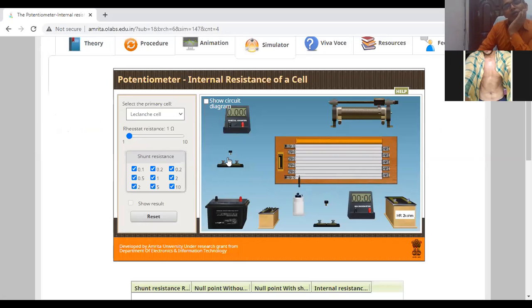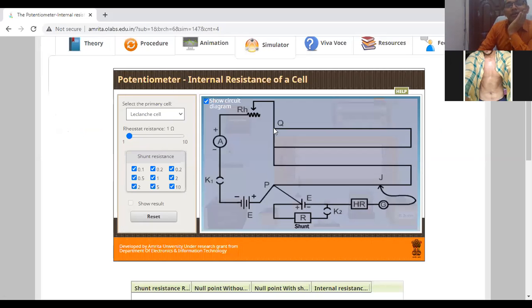Now, first of all, look at the circuit diagram. You see here, point P of the ammeter is connected with the positive terminal of the battery or eliminator, and the negative terminal of the battery or eliminator is connected with key K1, and the other terminal of key K1 is connected with the negative terminal of the ammeter, and the positive terminal of the ammeter is connected with the rheostat, and the other terminal of the rheostat is connected with the point Q of the potentiometer.